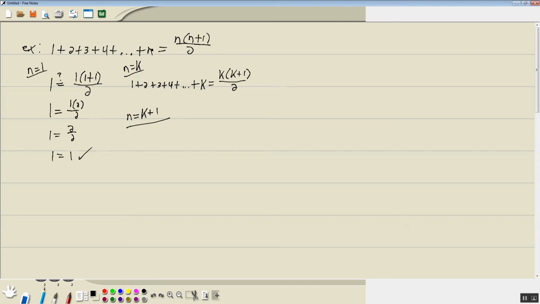Well, if I were to take k plus 1, plug it back up to my original formula, we'd have 1 plus 2 plus 3 plus 4 plus all the way up to, and I would have a k. Plus, and then I have to go up through k plus 1.